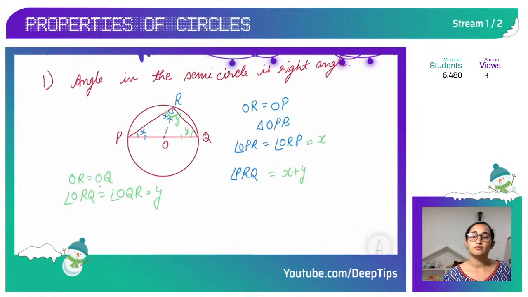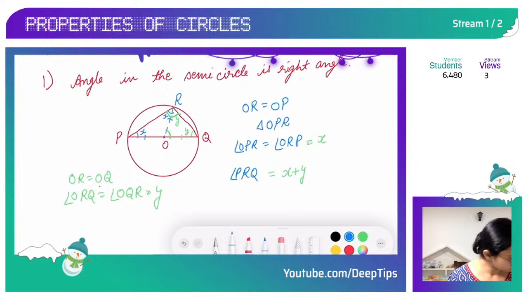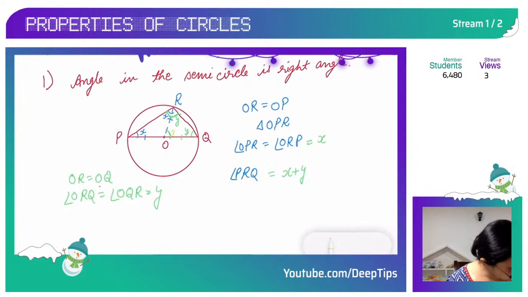Now I want you to think of one more property of triangles, based on the exterior angle property of a triangle. What does the exterior angle property of a triangle say? If you extend one side of the triangle, the angle formed on that side is equal to the sum of the two opposite interior angles. So this becomes your 2x, correct?